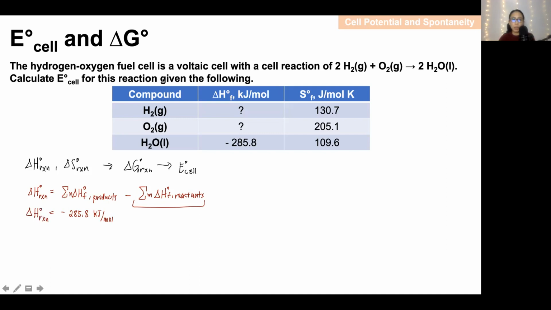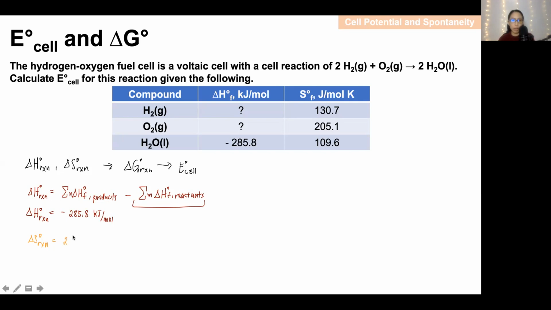Now for our delta S naught, we have the counterpart formula for entropy. But what we have is absolute entropy. So for water, we have 109.6 joule per mole per Kelvin.